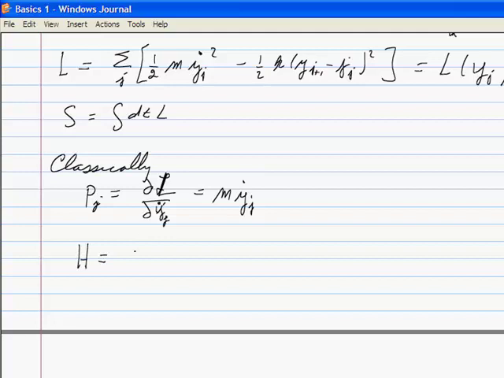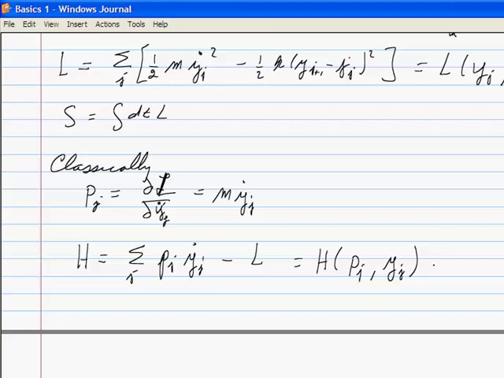The Hamiltonian is the sum over j of p_j y_j dot minus the Lagrangian. And we are always instructed to write this as a function of the momentum and the coordinates.